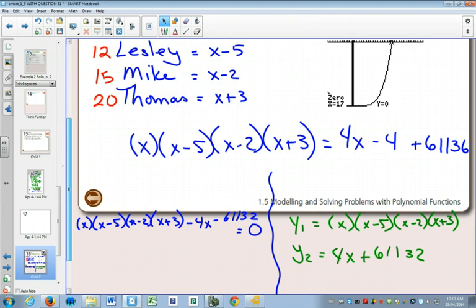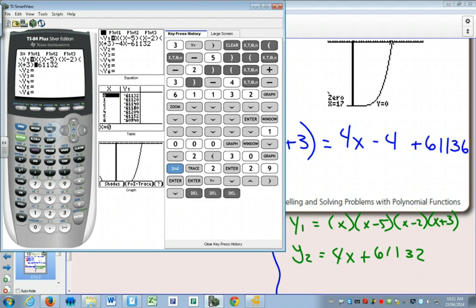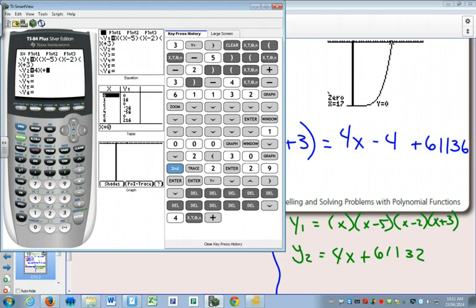And we're going to want to see where these two graphs intersect. I'm just going to delete that out of the first one, and then 4x plus 61,132.